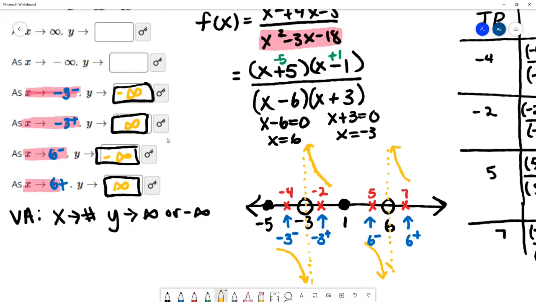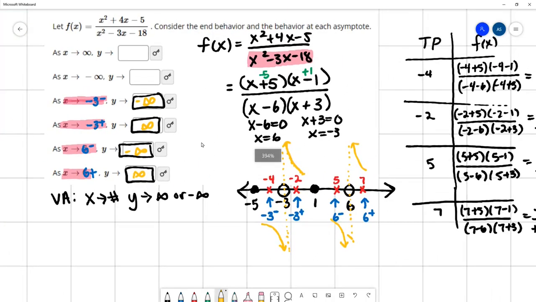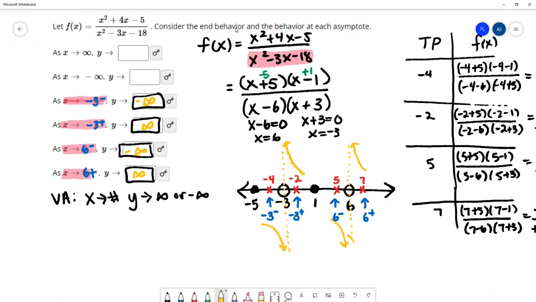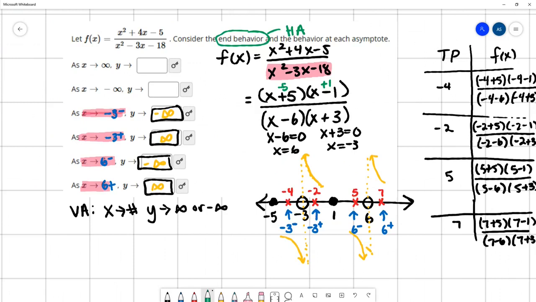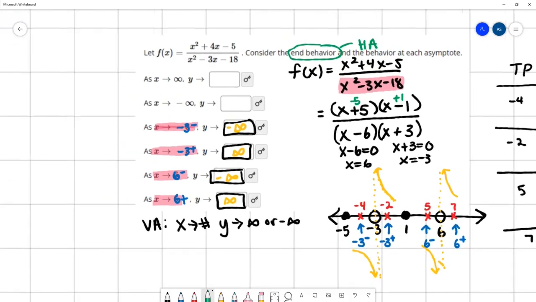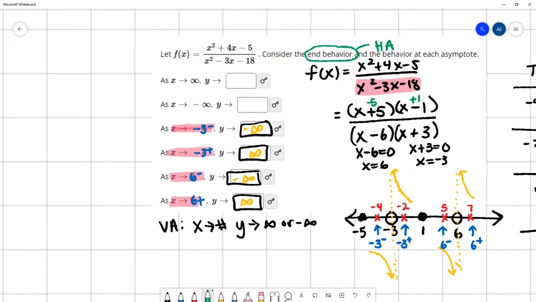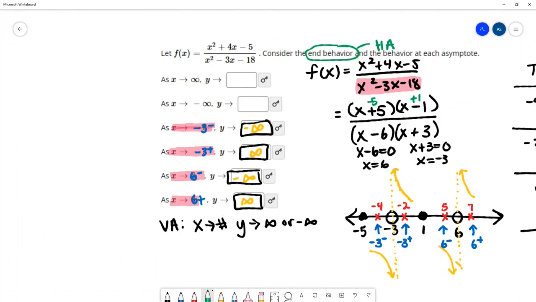The other thing that was asked on this question is the end behavior, and the end behavior is determined with our horizontal asymptotes. So with horizontal asymptotes, we have some rules that we use to memorize what the horizontal asymptote is.